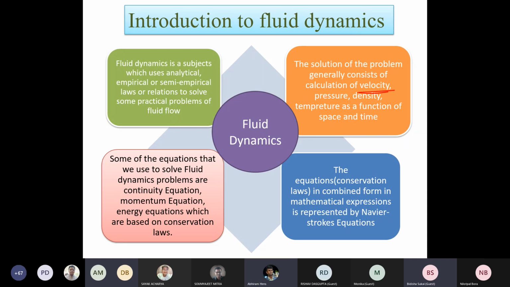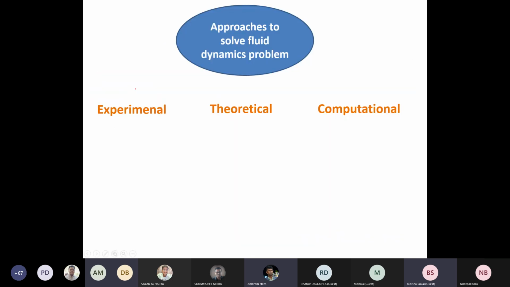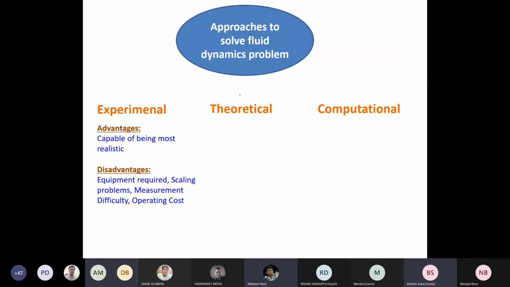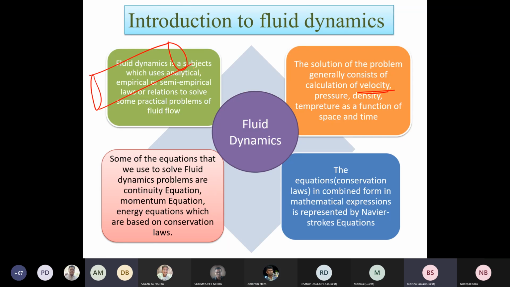If you consider a pipeline like this, with fluid entering from this side and exiting from the other side, you may be interested in the pressure drop from this point to this point, and the velocity in the intermediate domain. How is the velocity changing along this length, or, if it is an unsteady problem, how is it changing with time? That will be our interest.